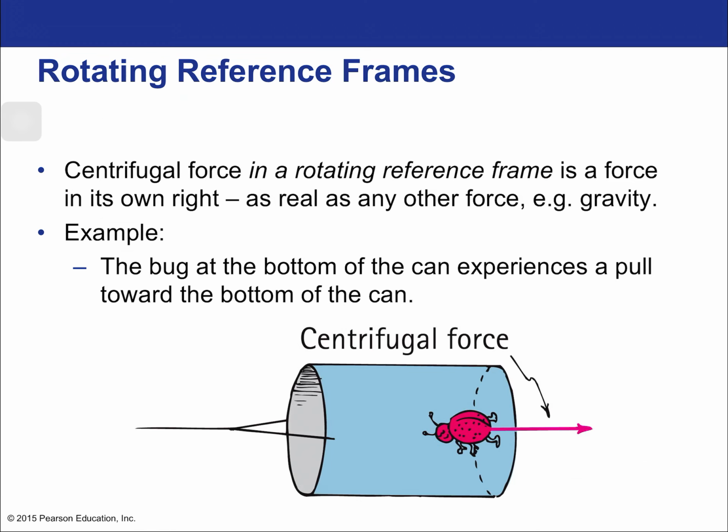Okay? So, here's the technical term for why the centrifugal force is an apparent force. The centrifugal force in a rotating reference frame is a force in its own right, as real as any other force, for example, gravity. Okay? The bug at the bottom of the can experiences a pull towards the bottom of the can, a centrifugal force, right?